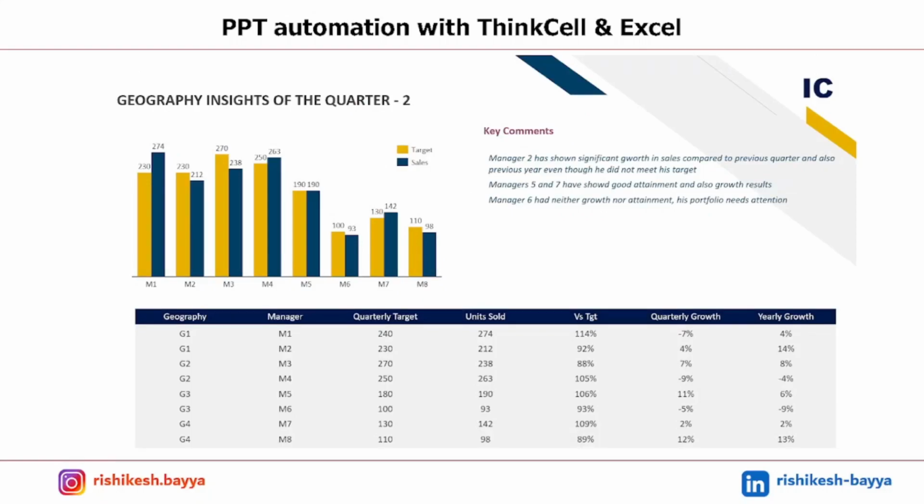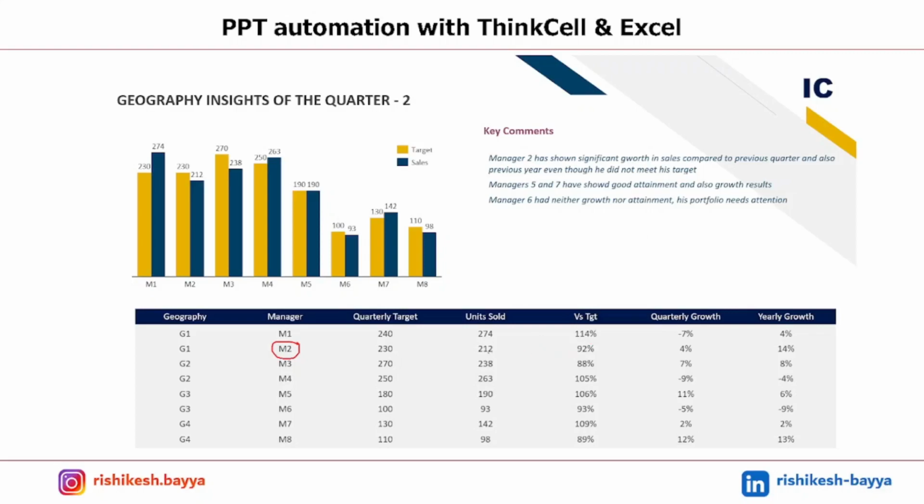Now, for some of you who might have had a good flavor of customizing or formatting your slides, you might feel some kind of deficit here, right? For example, if I look to the comments, right, so what is my comment saying? So manager 2, this guy, manager 2, let's highlight here. So manager 2 has shown significant growth in sales compared to previous quarter and also compared to previous year, even though he did not meet his target, right?